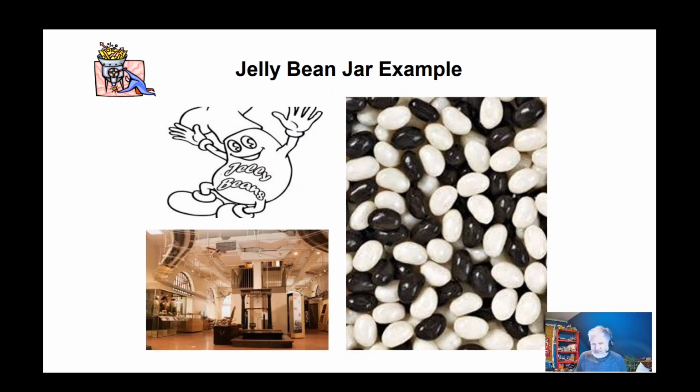So the example I'm going to use is from the North Bay, Ontario Museum. One of the founding families in North Bay put together a million jelly bean jar as part of the Great North Bay Expo of 1925.